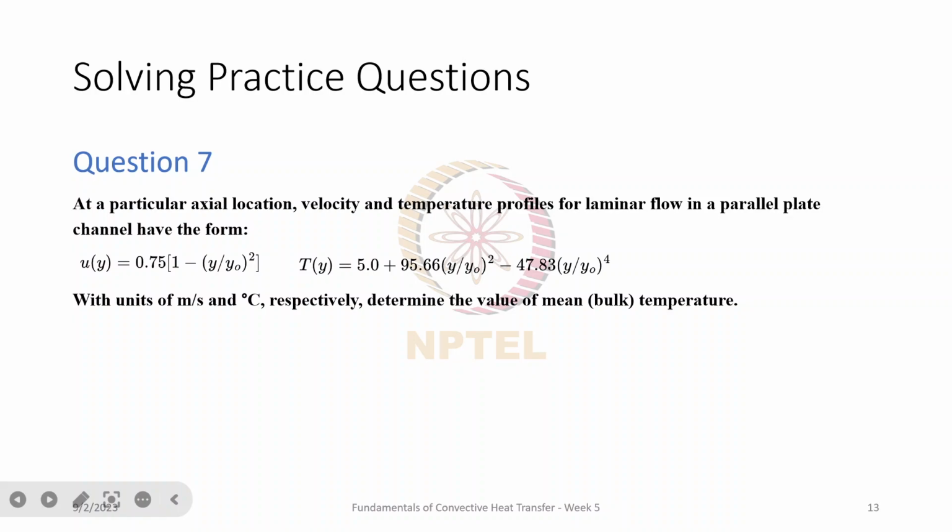So u(y) is equal to 0.75 into (1 minus (y by y naught) whole squared), and the temperature profile is of the form 5 plus 95.66 into (y by y naught) squared minus 47.83 into (y by y naught) to the power 4. These are ugly equations. Using these two profiles, you have to find out the bulk mean temperature.